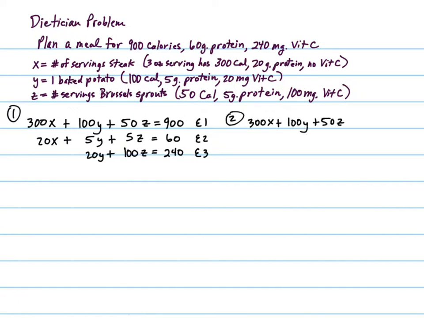So I'm going to write down equation 1. And it turns out that 15 times 20 is 300. So I need to multiply by negative 15 to get negative 300. Negative 15 times equation 2, we're going to get negative 300x minus 75y, and 15 times 5 is 75, and then this will be minus 75z, and negative 15 times 60 is actually negative 900.